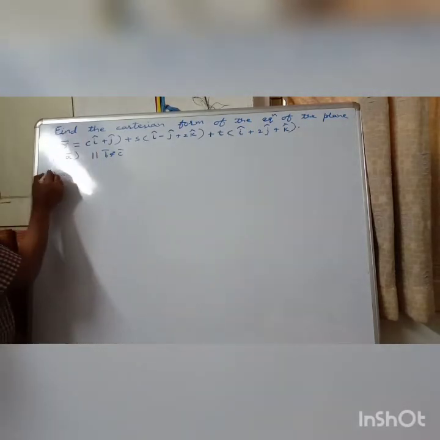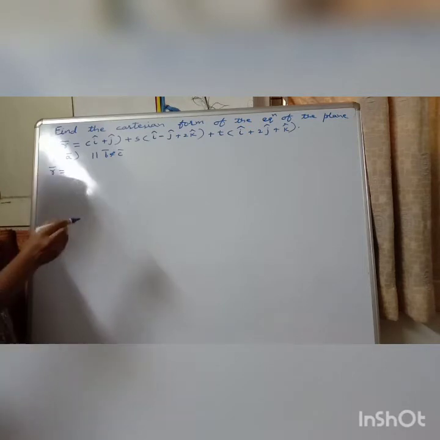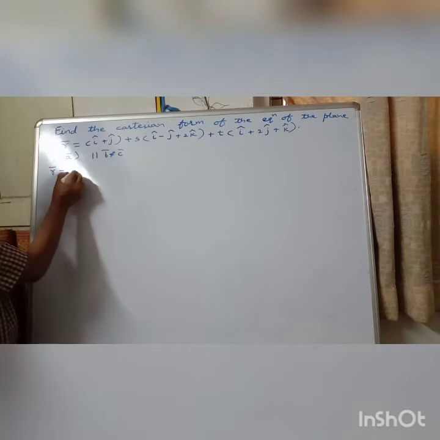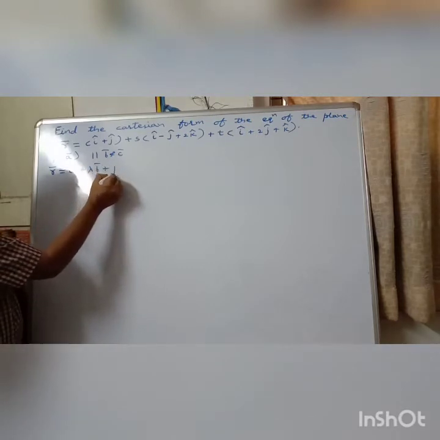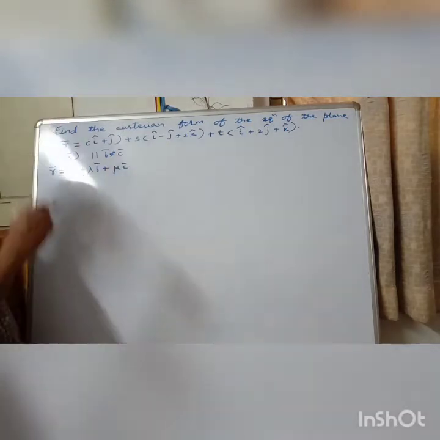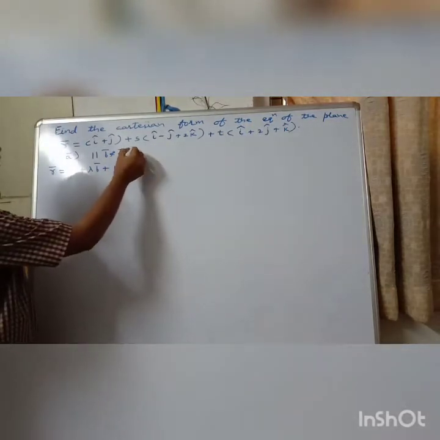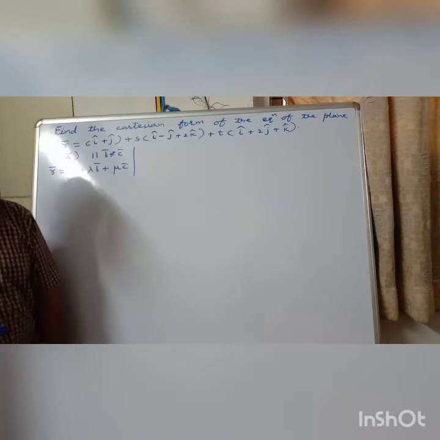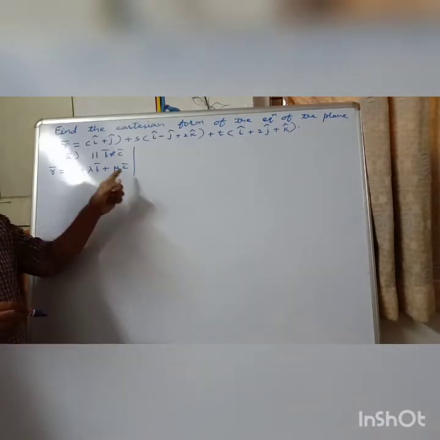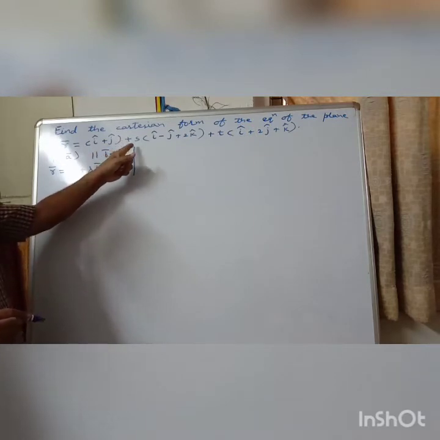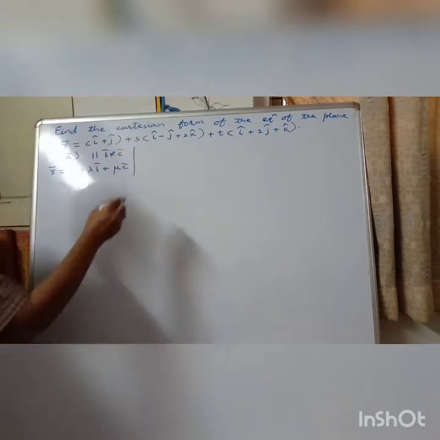Then equation of plane in parametric form, r bar equal to A bar plus lambda B bar plus mu C bar. Here instead of lambda and mu, parameters, scalar quantities are s and t.